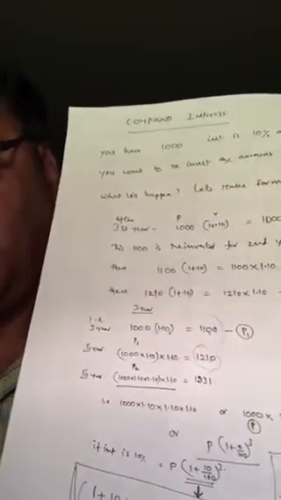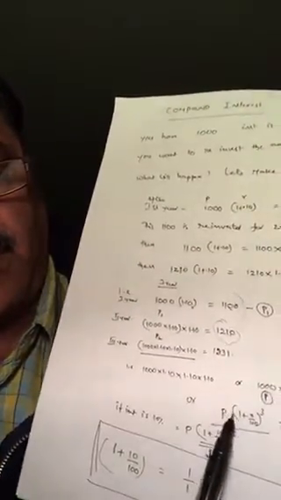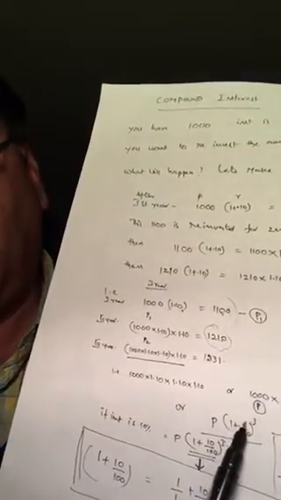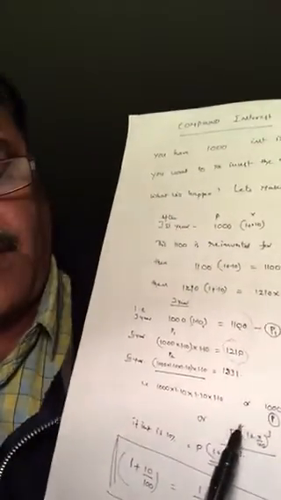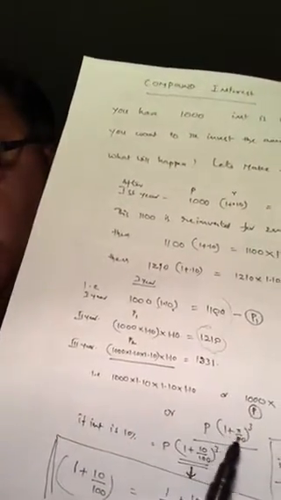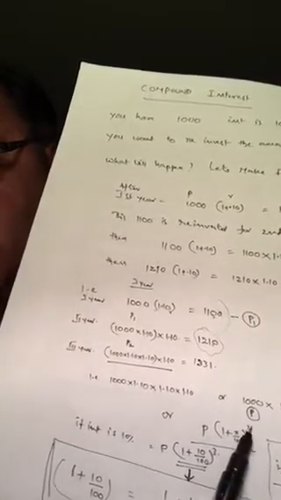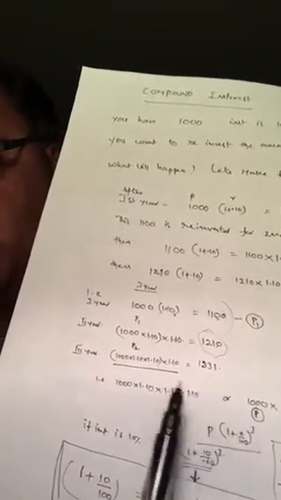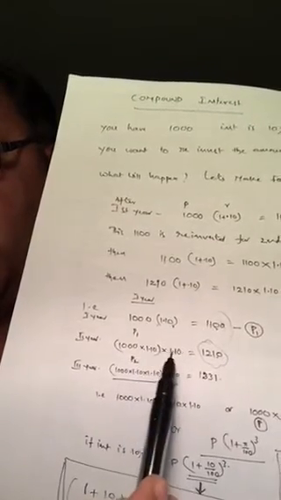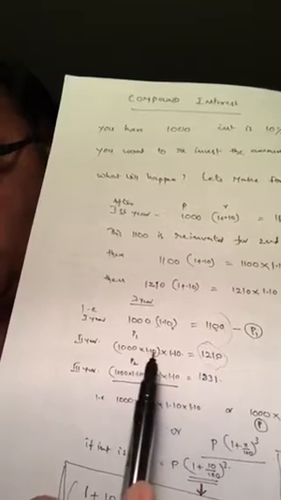So what is happening here? P into 1 plus R, where R here we have given as 10%, to the power of cube we have given. This can be represented as a formula, P into 1 plus R to the power of T, whatever it may be. If it is 2 years, we will have only two 1.10s. If it is 3 years, we have 3 times multiplication.